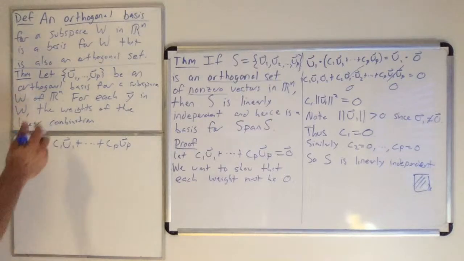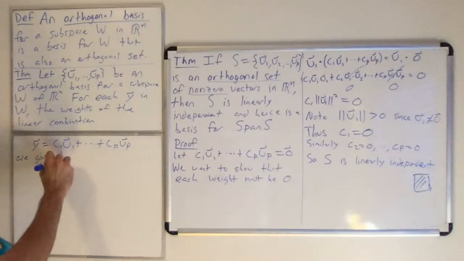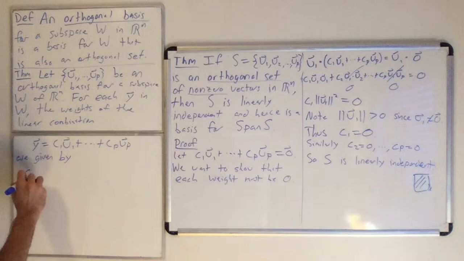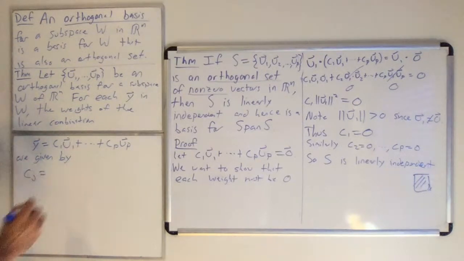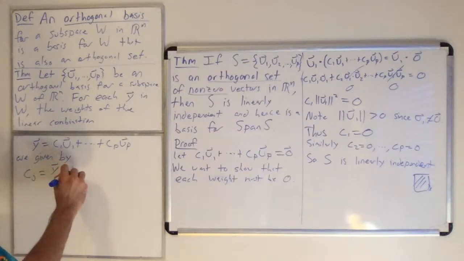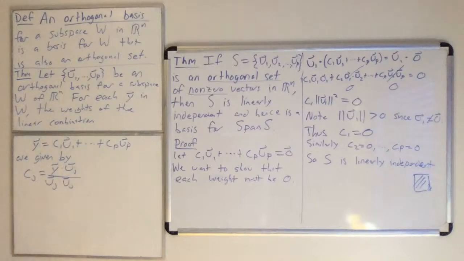So the weights are given by: the jth weight is equal to y dotted with u sub j over u sub j dotted with itself. Okay, let me write that again so it's a little easier to read.